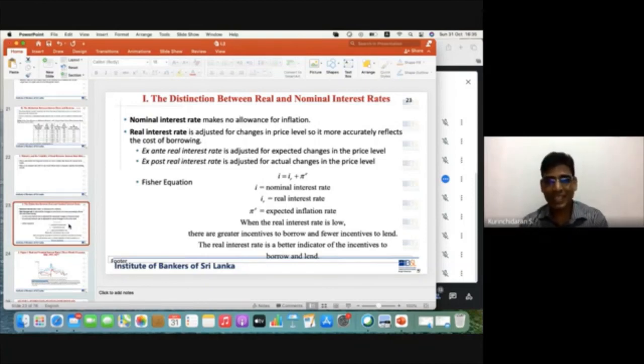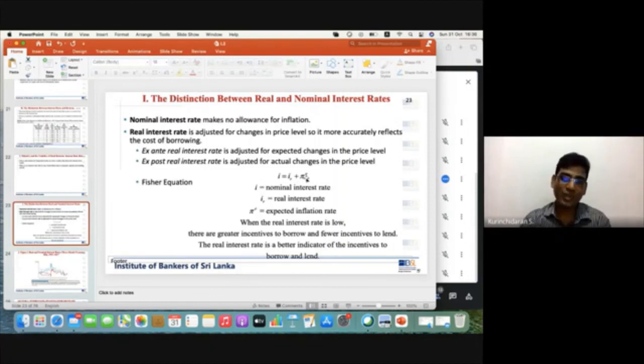So he says the real interest rate can be calculated by taking the nominal interest rate and deducting the expected inflation. If you see this formula, the nominal interest rate, I, equals the real interest rate, that's IR, plus expected inflation.